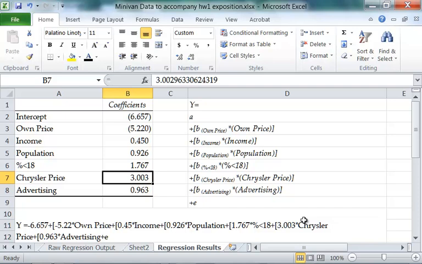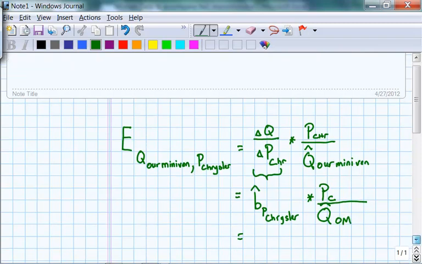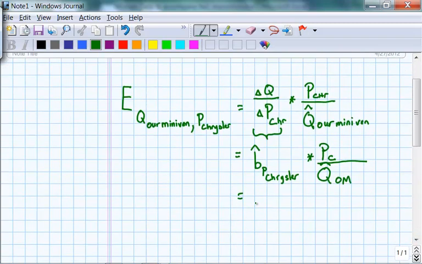So I'm just going to take that value and directly drop it into our equation here. Sorry, and that's still P. I'm just going to shorten it to C since I can't spell Chrysler, over Q hat our minivan. Right. So now I can drop in that value of 3.003 times P of Chrysler over Q of our minivan.